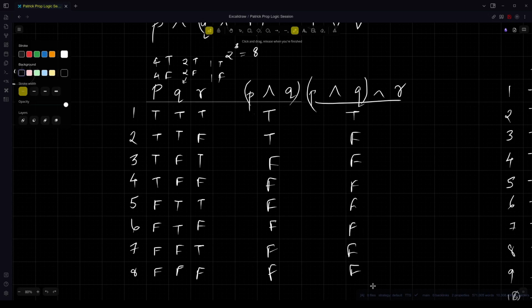Right. Yeah, I think I'm tracking. So this was true, this was true, but these two are false. All of them are false, right? So this one is entirely false, except the first one.